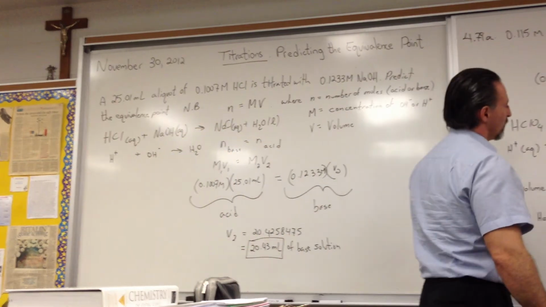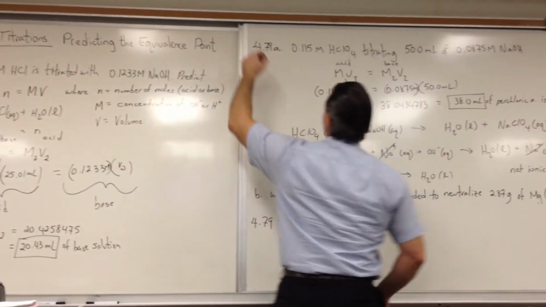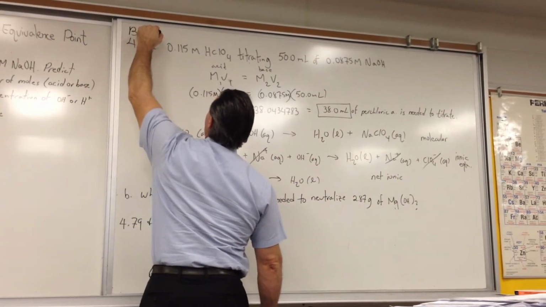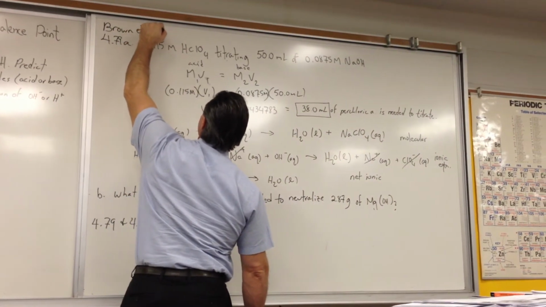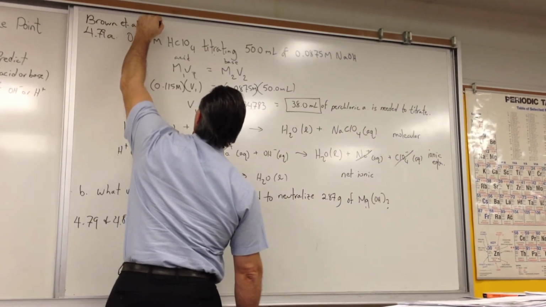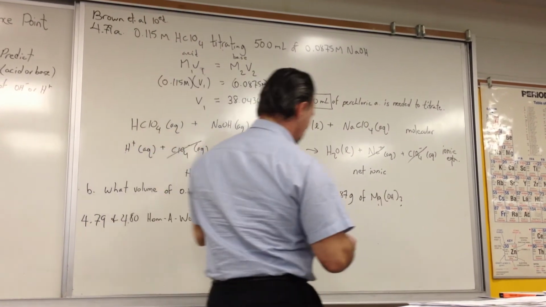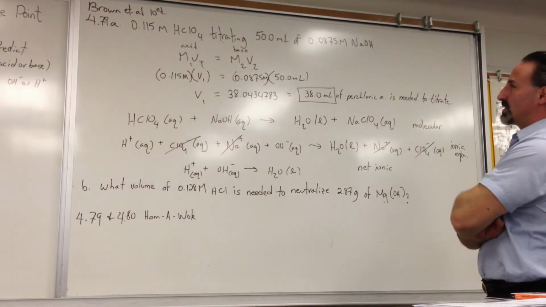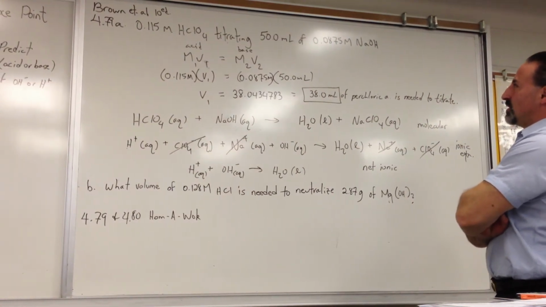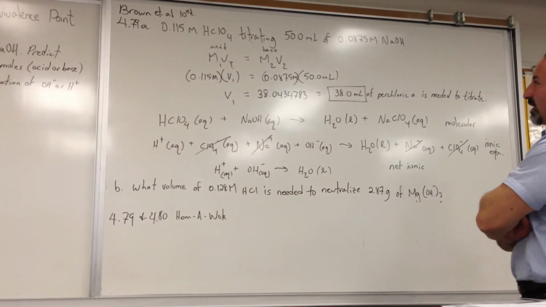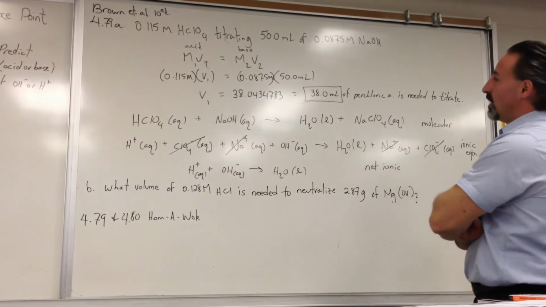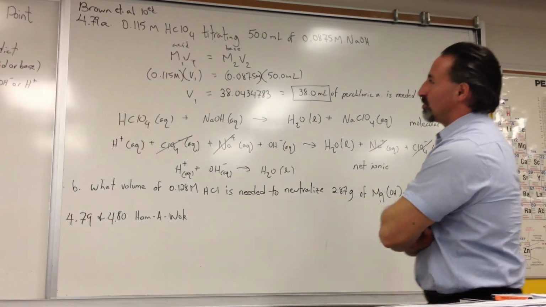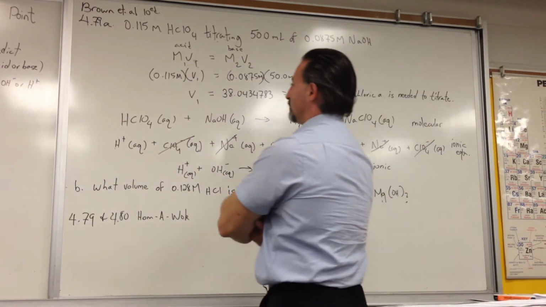In the second question, which comes from our text, 10th edition, we're asked if you titrated 0.115 molar perchloric acid with a solution of 0.0875 molar sodium hydroxide, and it takes 50 mLs to achieve the titration, what volume of perchloric acid did you have?